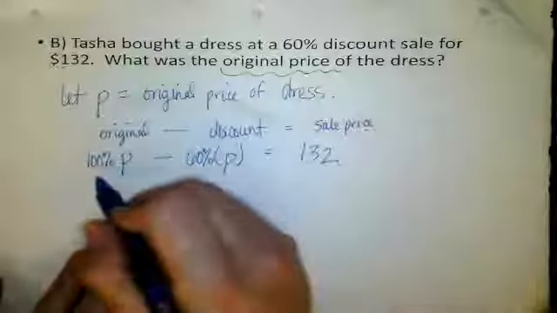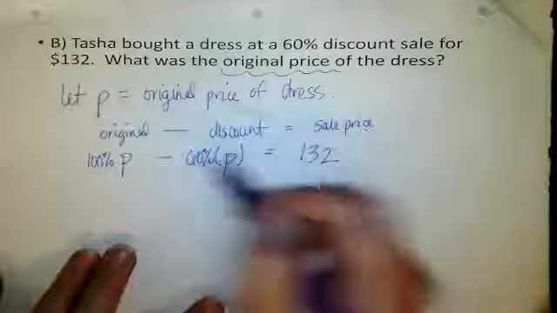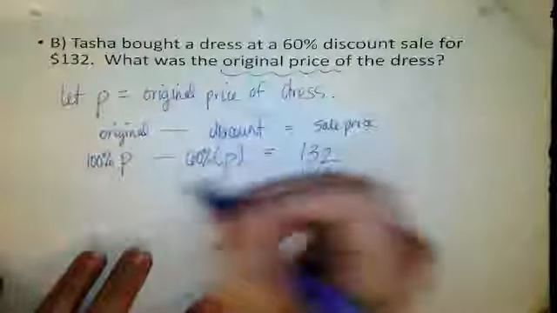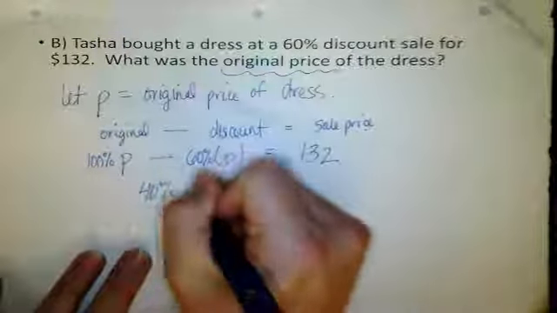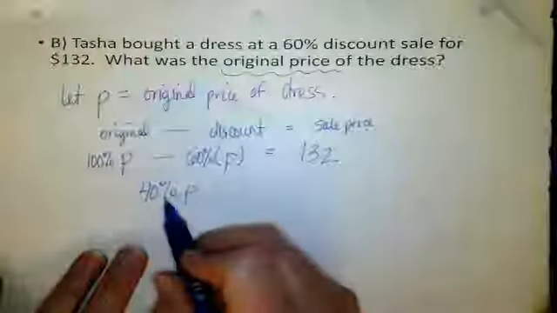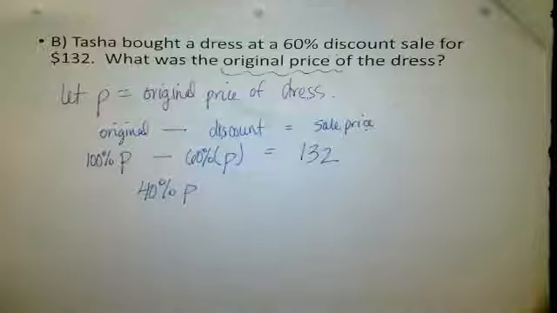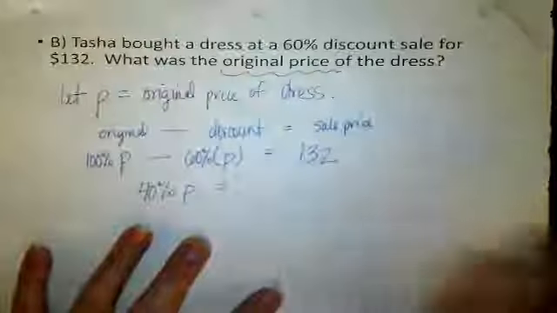Well, 100% p minus 60% p is 40% of the price. This is what we end up paying, and maybe you jumped right to that. Does that make sense to you? If it's a 60% off sale, we pay 40% of the price. Okay, so maybe you jumped right there. That's what I do. But either way, you worked it.